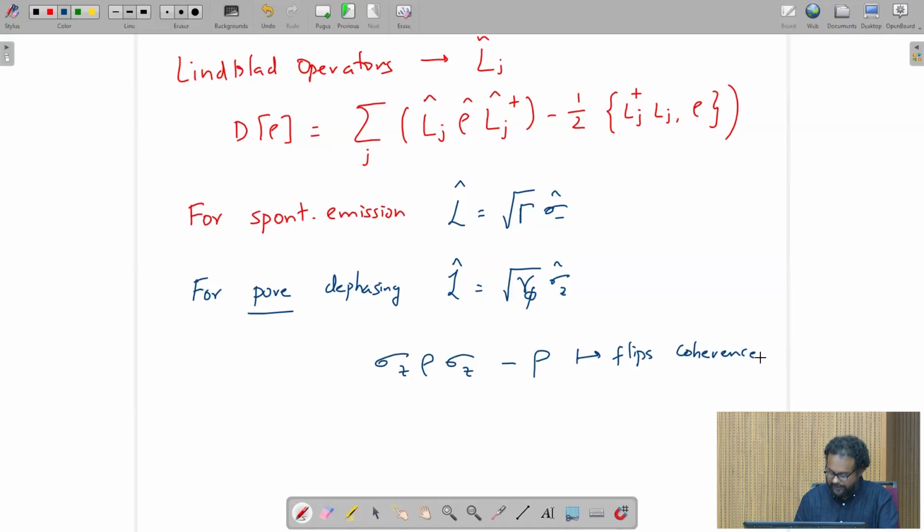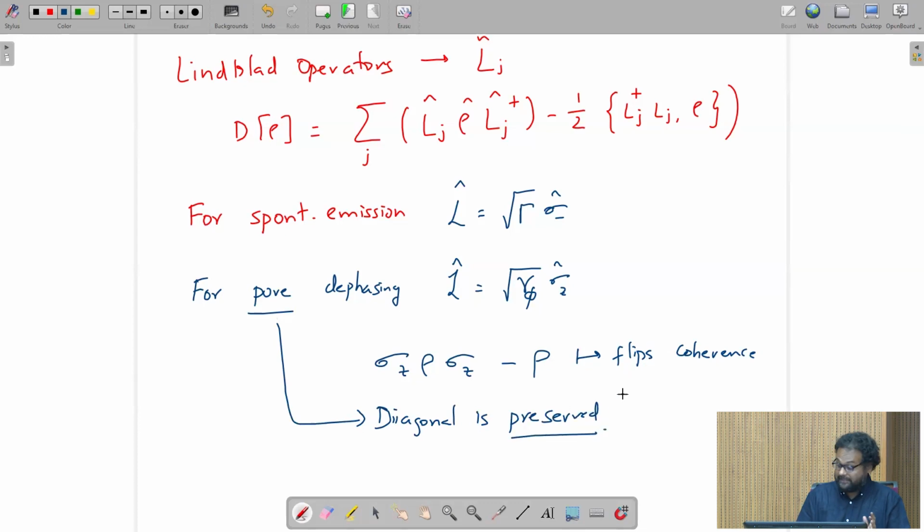Okay. The important thing here is that for pure dephasing, the diagonal of my density matrix is preserved, which means there is no loss in population. Whereas with spontaneous emission, you will have loss in population.